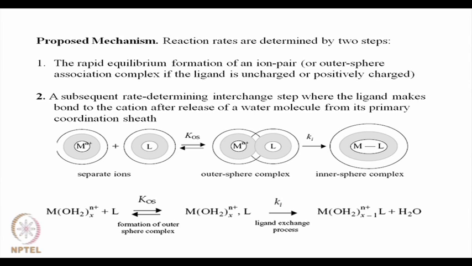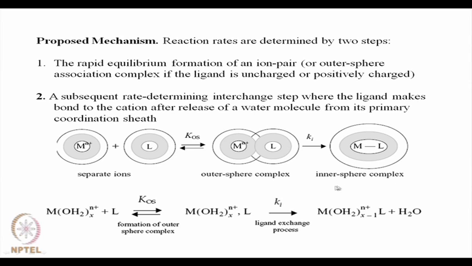So, this is an equilibration, formation of the outer sphere complex. Then the ligand exchange process: separate ions, outer sphere complex, inner sphere complexation.